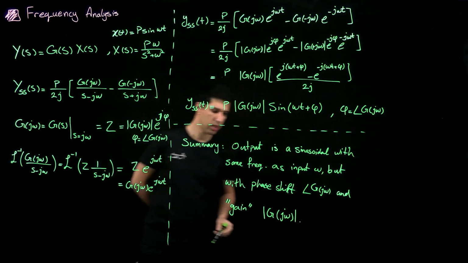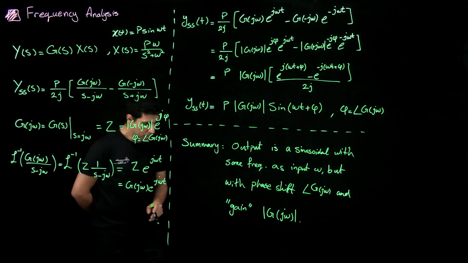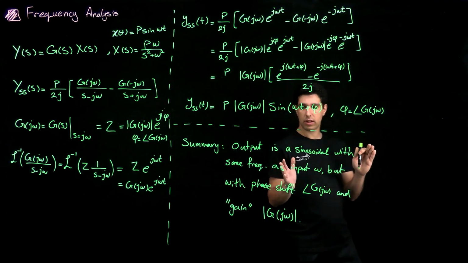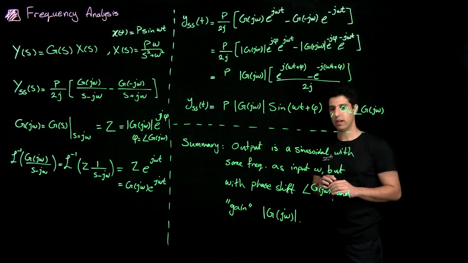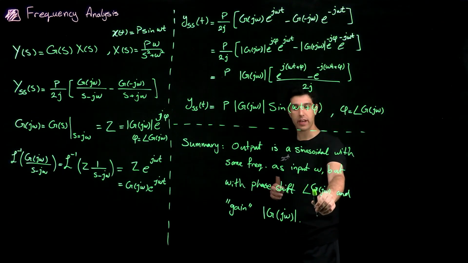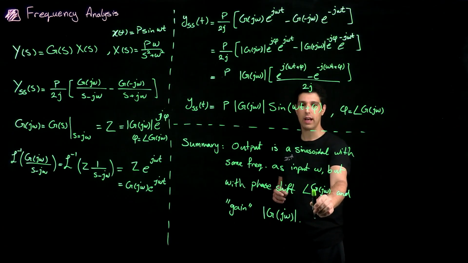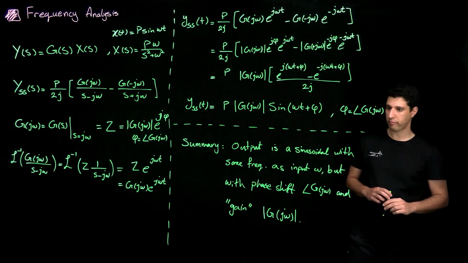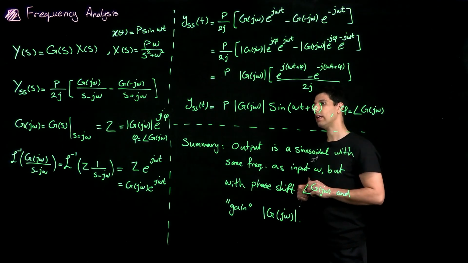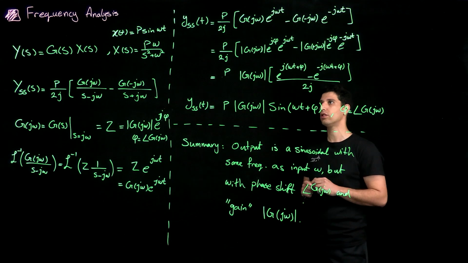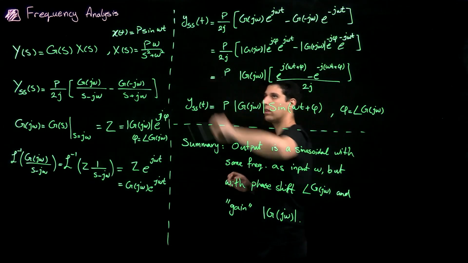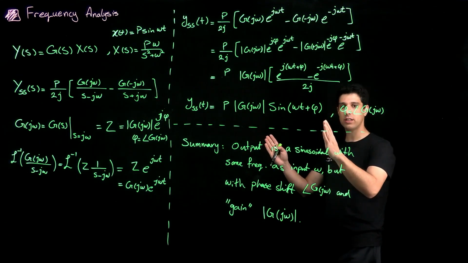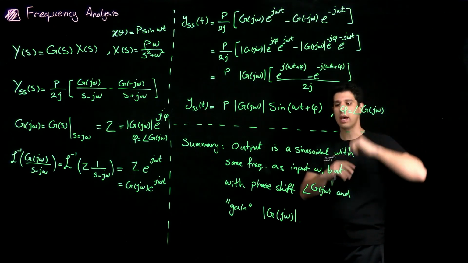So this is quite powerful. What it means is that for the dynamical system that I have, if I know the transfer function, and if I calculate the sinusoidal transfer function, that is evaluating it at s equals j omega, then I can very easily construct the steady state output to a sinusoidal input with frequency omega, and I know, depending on what omega is, how much my sinusoid is shifted and how much it is scaled.